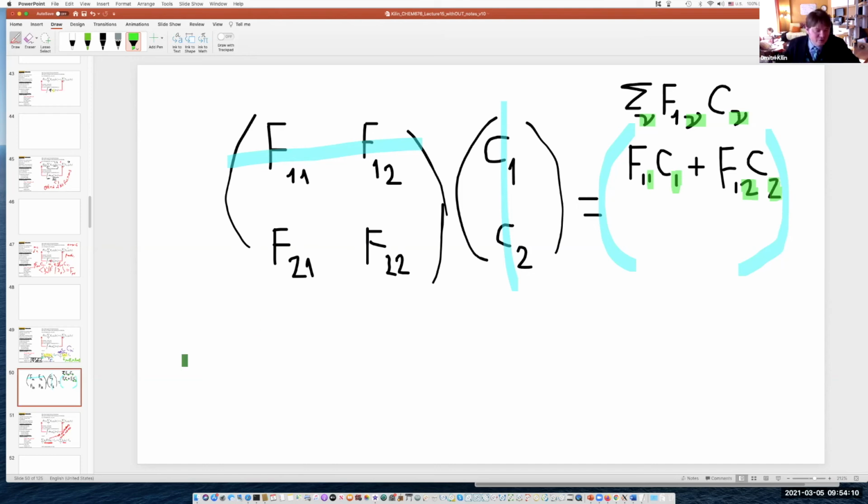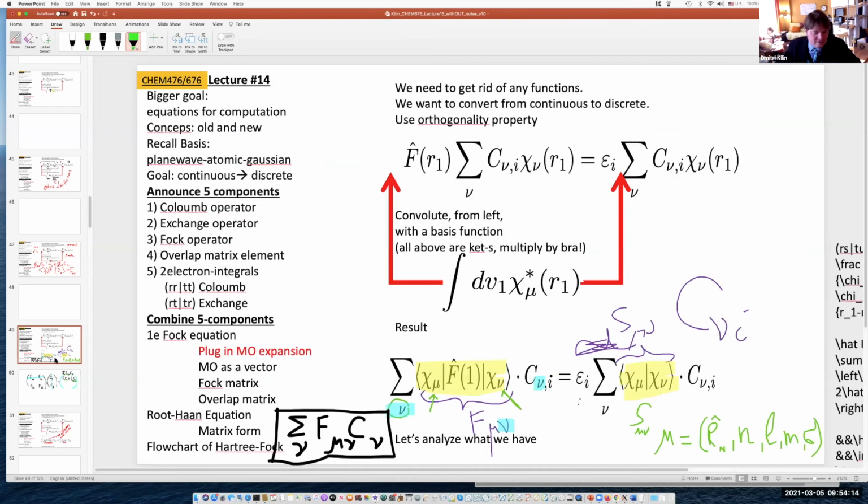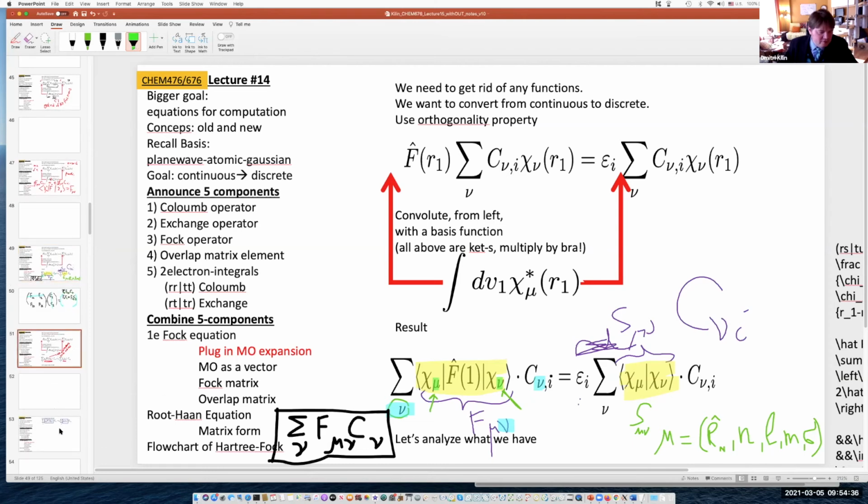Now let's look once again at the previous slide. Here we have a two-index matrix and a vector, and here again we have a two-index matrix and a vector. So on the left and right side we have matrix by vector multiplication. Okay, so let's go forward to the slides.